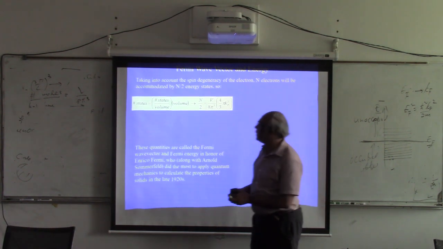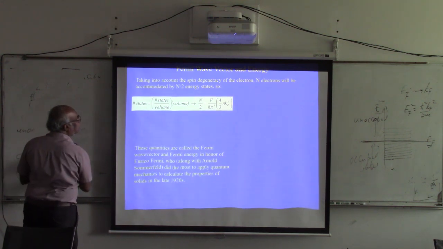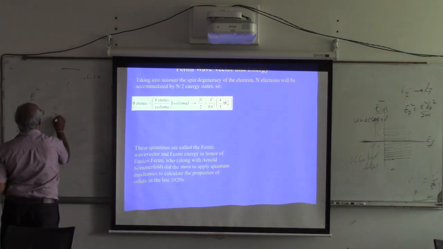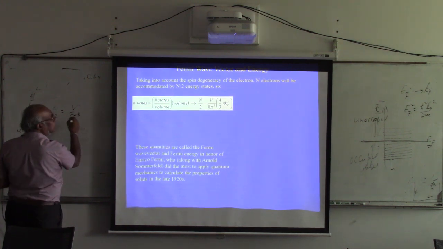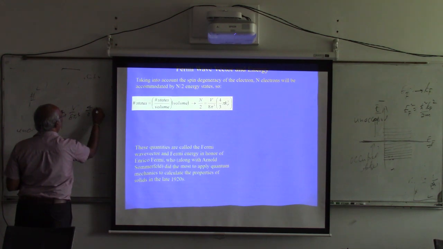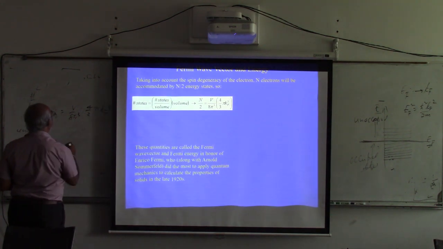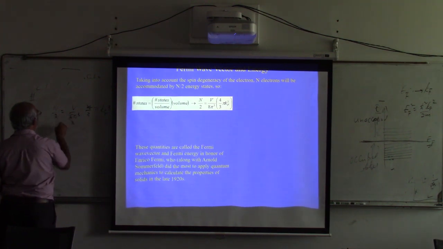So now you can easily solve this one for kF. What you get here? N over 2 equals V over 8 pi cubed times 4 by 3 pi kF cubed, right? So you can see 4 times 2, 2 and 2 cancel.